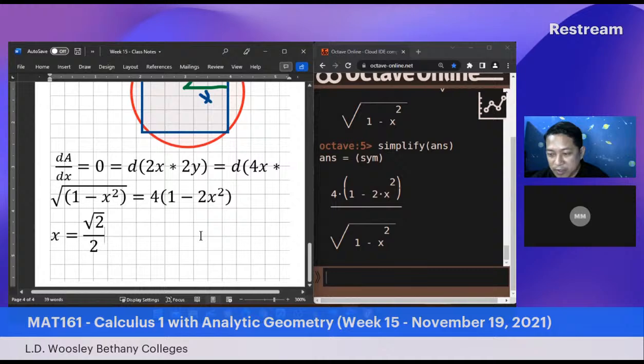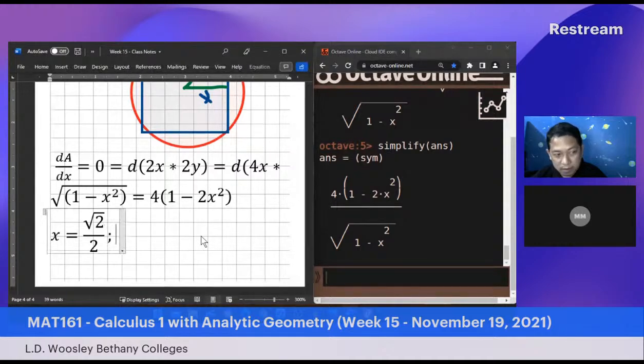Okay, substituting. Siguro okay na to, Micaela. We'll be resolving here that y now is equal to the square root of 1 minus x squared. May na-miss out lang siguro tayo kanina. Ayan.